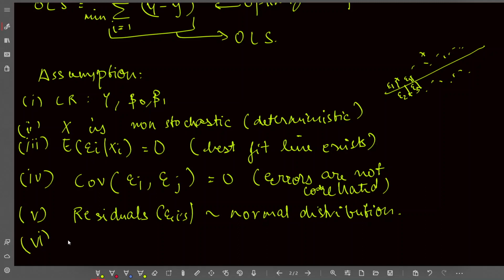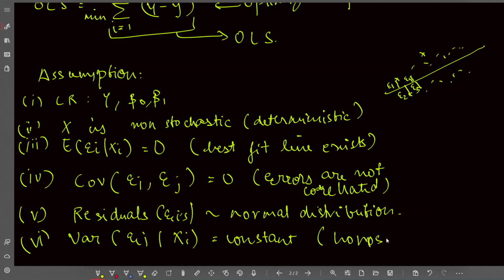And the sixth assumption, the final one, is that the variance of eta i given some value xi is constant. I'll come back to this later. This condition is also called homoscedasticity. The variance of all my errors given some value of xi is constant.